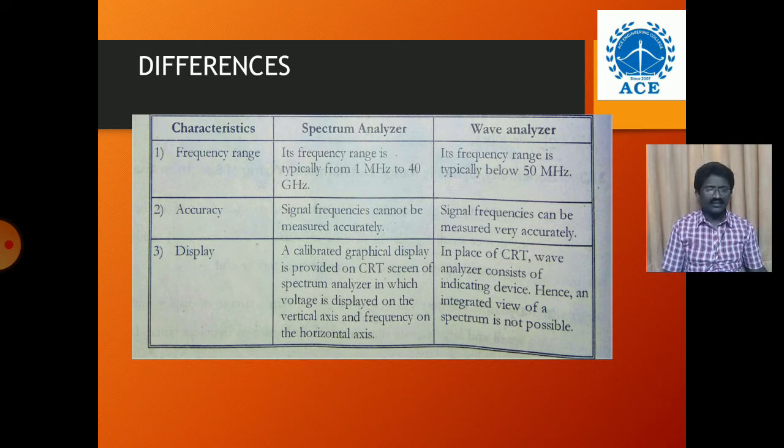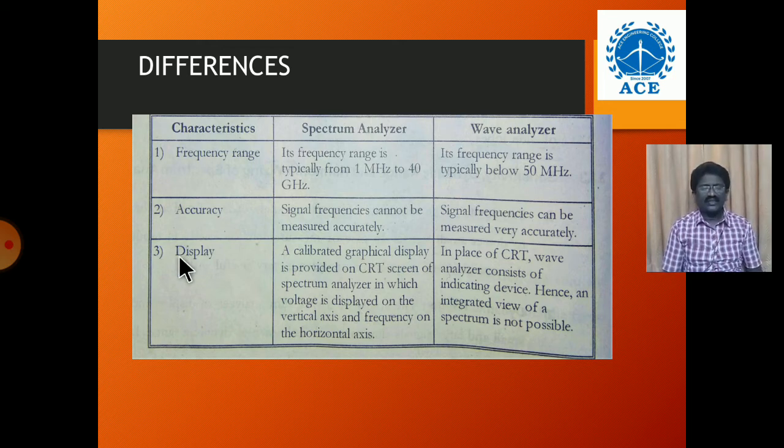Because your spectrum analyzer expresses values in the form of amplitudes, that's the reason frequencies cannot be measured accurately. Whereas in the wave analyzer, here you give individual attention, harmonic by harmonic, so that is the reason you get measured values very accurately.